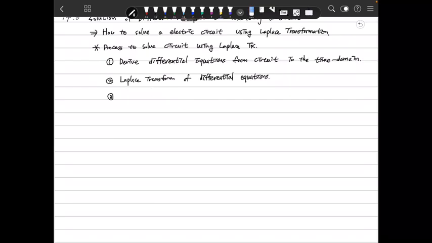Fourth, the inverse Laplace transform to get the solution in time domain.